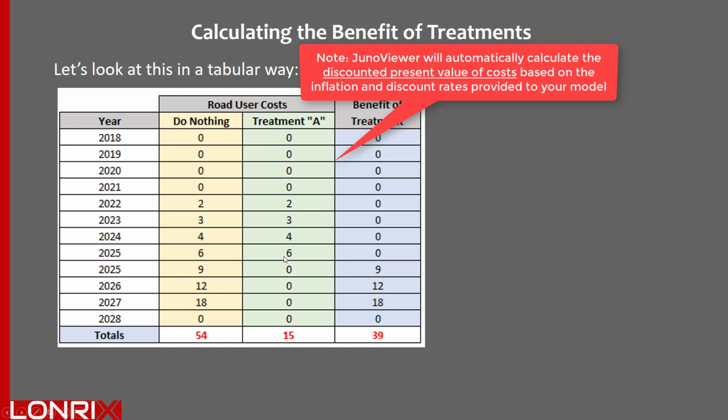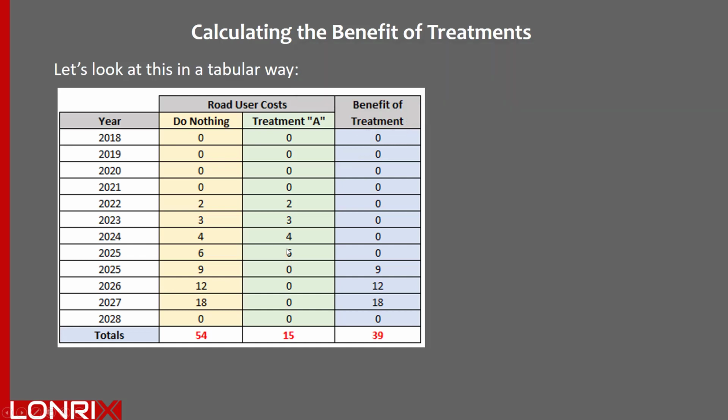And in this case, my road use and maintenance cost significantly drops off after 2025 when the treatment was done. So if I look at the total cost of doing nothing over this 10-year period, I get 54 cost units versus treatment A, which is only going to cost me 15 units. So the benefit of treatment in this case is 39 units.